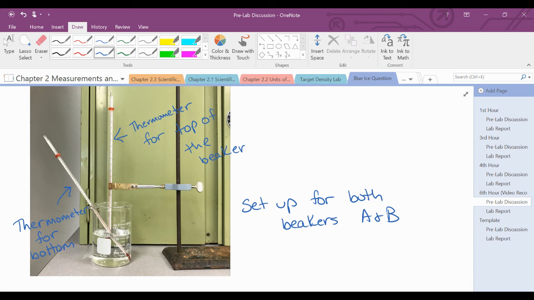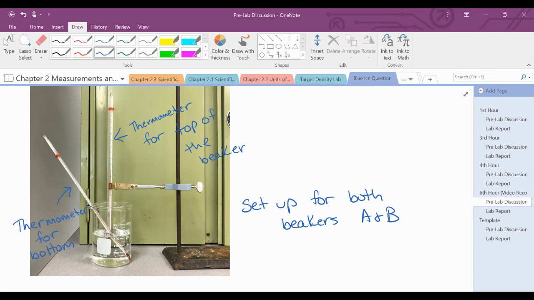So you can, for now, work in your group of 3 or 4 today to write your lab procedure. Everybody has to write one, but know that I will divide you into smaller groups of 2. Usually the person sitting right across from you will be your lab partner. If someone's absent, then your group of 4 will go, or your group of 2 will become a group of 3, like we did for the target density lab.